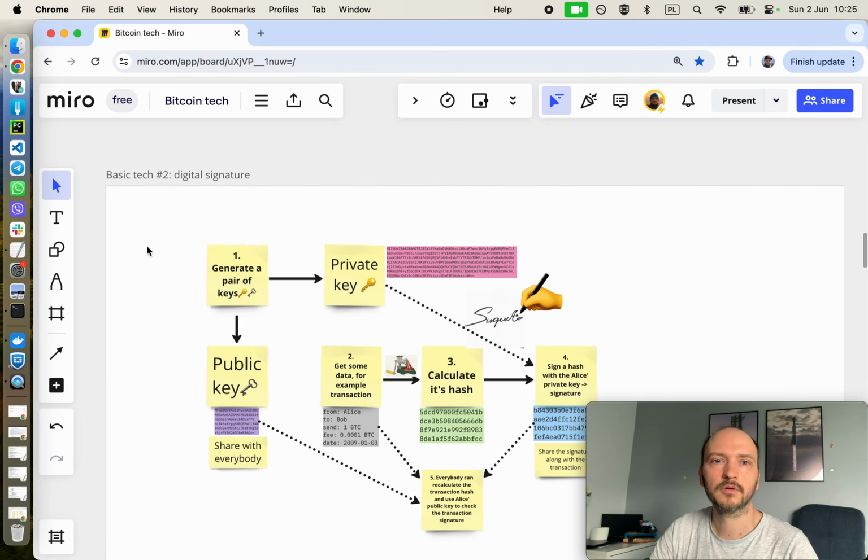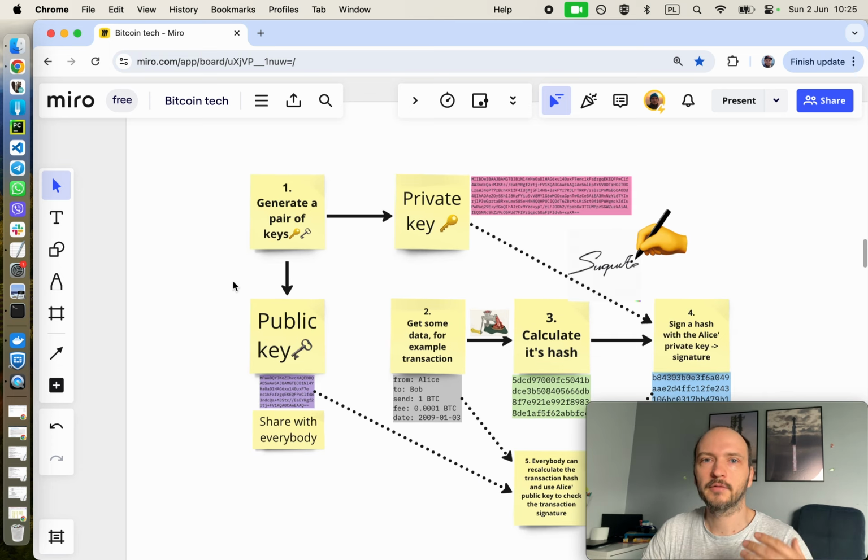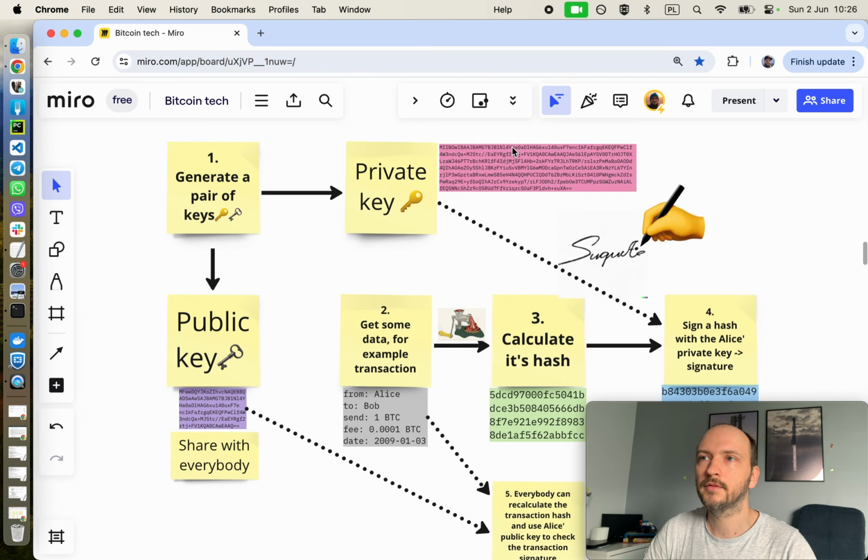And let's move forward and look at the second one, which is a digital signature. Digital signature, like hash, is based on some mathematical principle, and on a high level it works like that. You generate a pair of keys, which is a pair of very big numbers, a private key and a public key, and they may look like that.